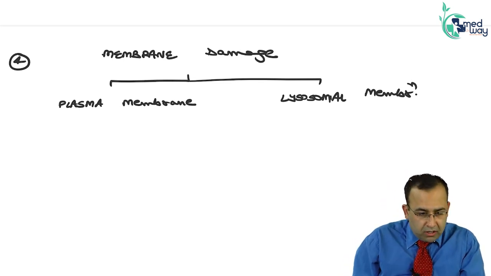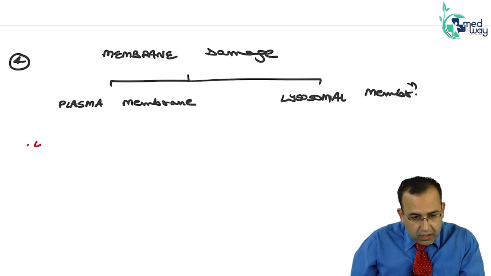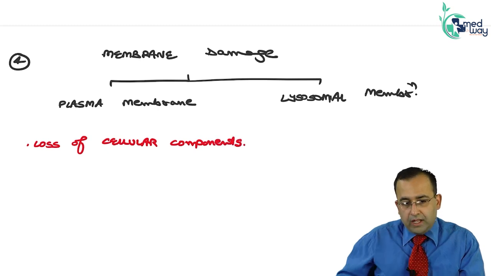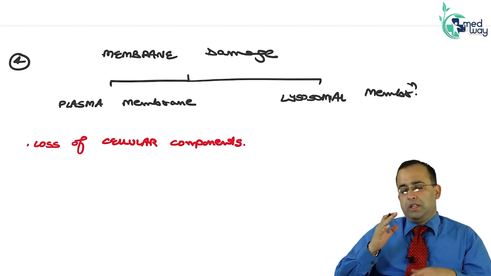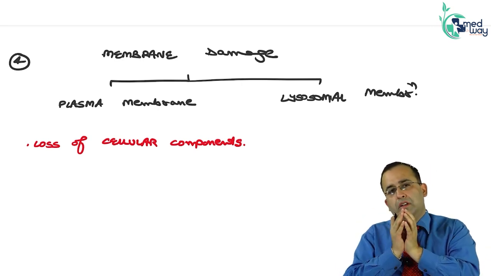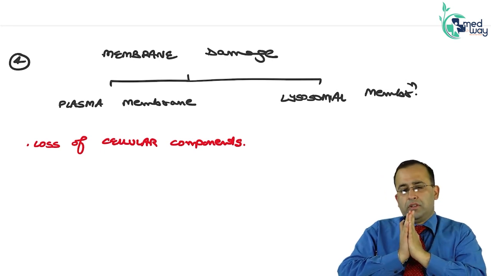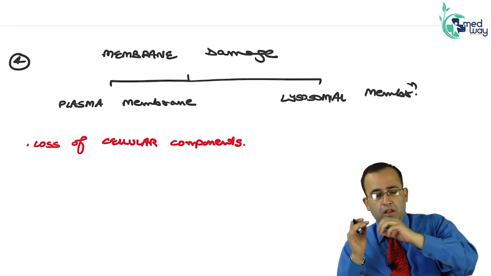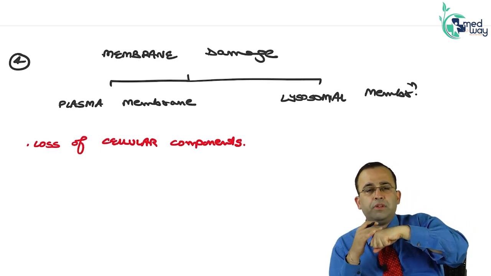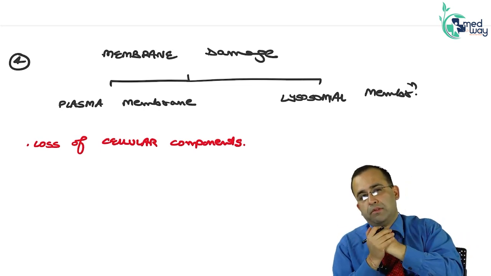Plasma membrane damage is associated with loss of cellular components. That is very obvious. If the plasma membrane is damaged, the cellular components are getting lost. Versus if lysosomal membrane damage occurs, in that case the lysosomal enzymes will get released into the cytoplasm.